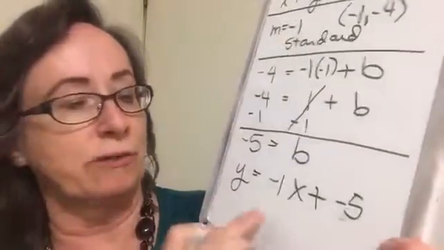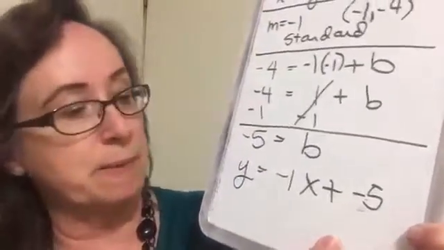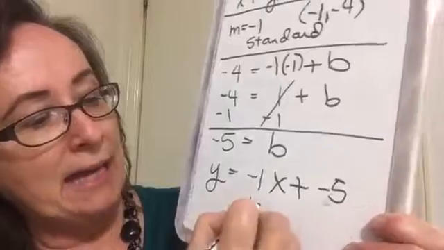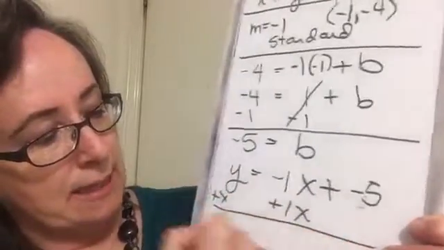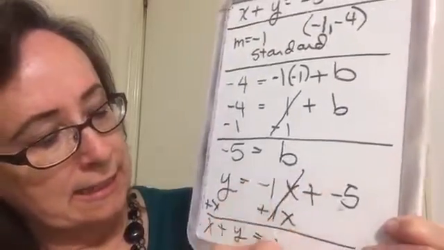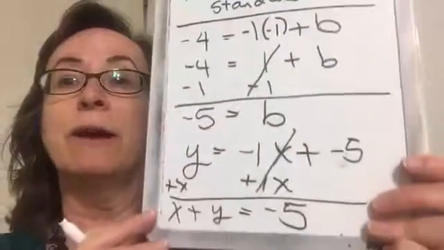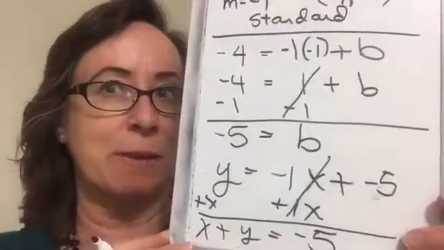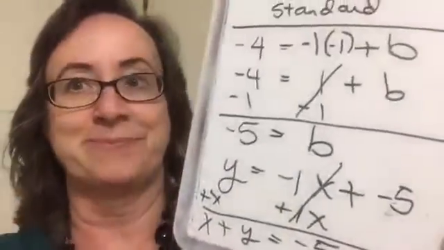Then I'm going to turn this around to be the standard form, because that's what I'm supposed to leave it in. If I add an x to both sides, then I get x plus y is -5, which is the form I came up with before. So now you have two ways that you can come up with an equation given a point and a slope.